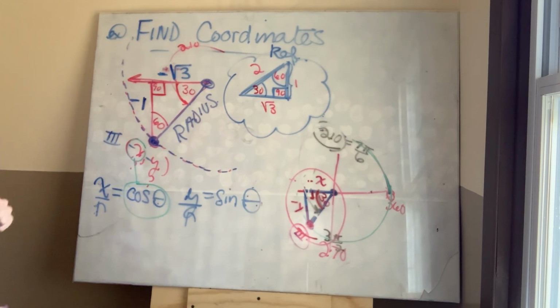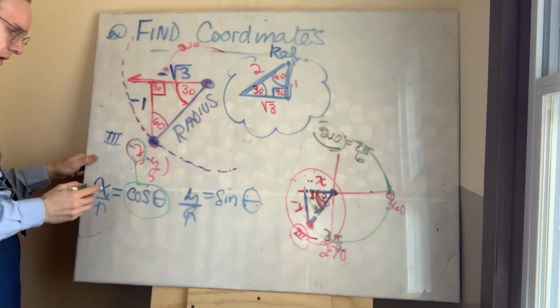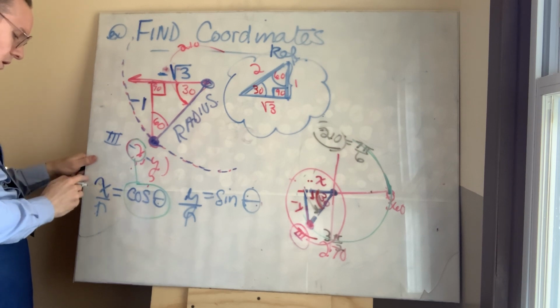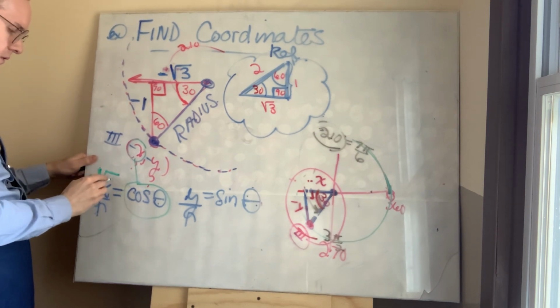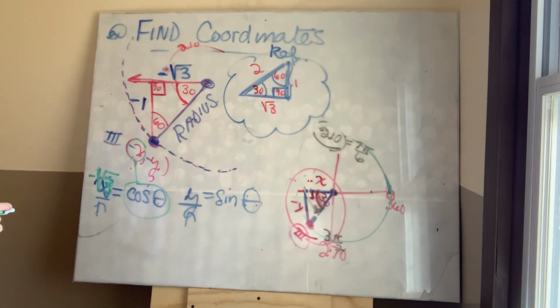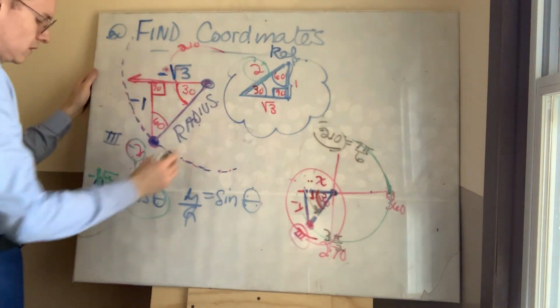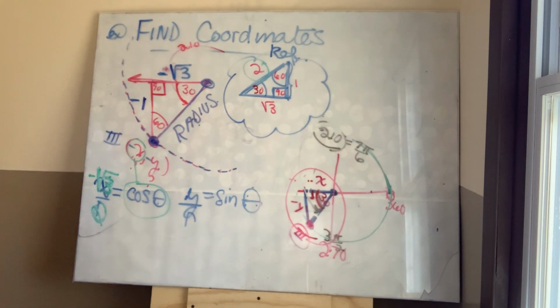going to be, let's see, negative square root of 3. The radius is normally 2. So I'm going to put a 2 here.